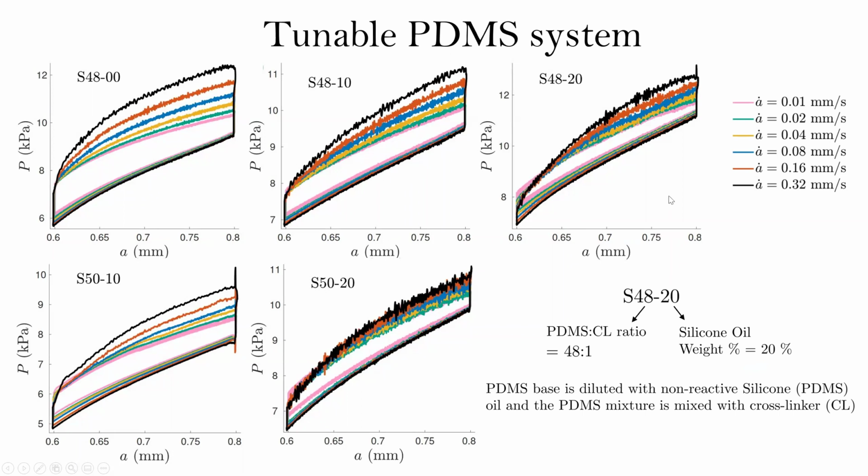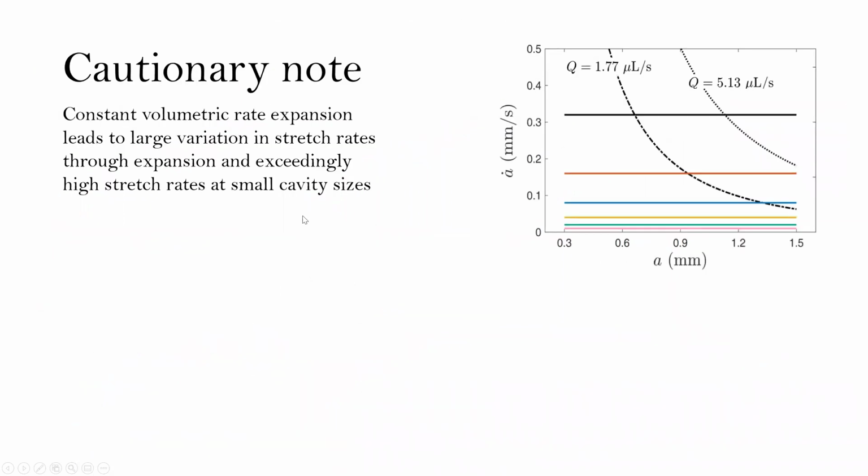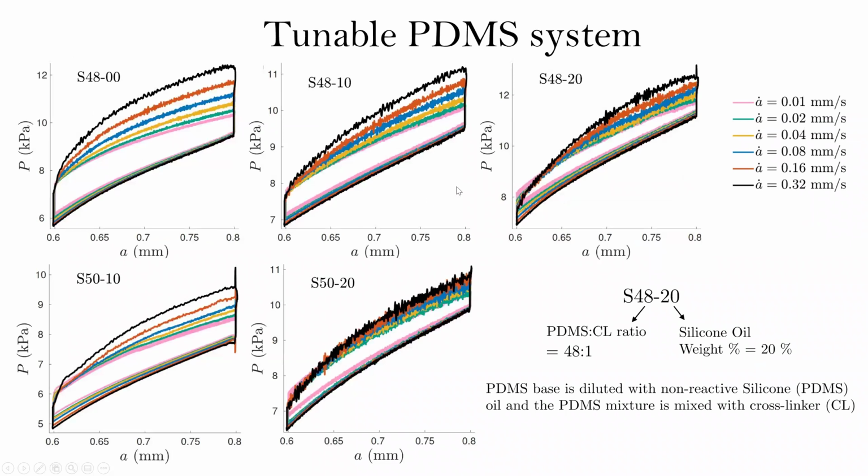And we see that, so this was an experimental system that was already used by another group. So that was our motivation to do this. And we do see that our experimental method is sensitive to capturing the changes in the viscoelastic response. The more silicone oil we introduce, the viscoelastic stiffening with the stretch rate reduces. And when we do the fitting for the viscoelastic parameters, we see that the fitted parameters also reflect this change.